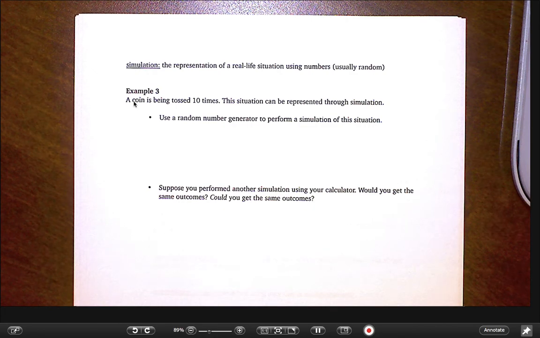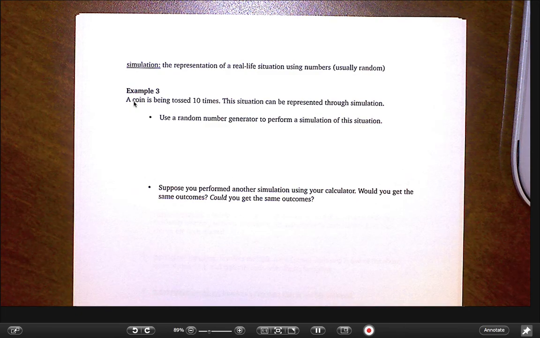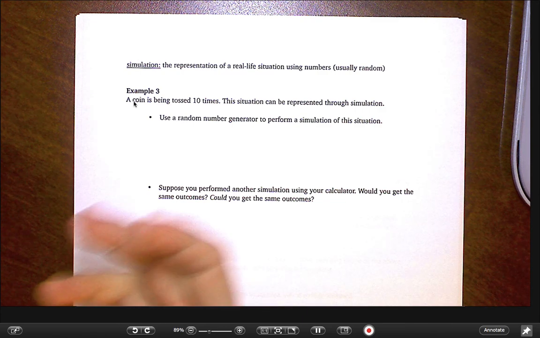I was using a calculator and the numbers 1 through 80 to represent the cars, okay? Some other simulations you can do involve rolling dice or flipping coins. Those are sort of hands-on simulations. But it's basically just representing an event mathematically instead of physically doing it, okay?